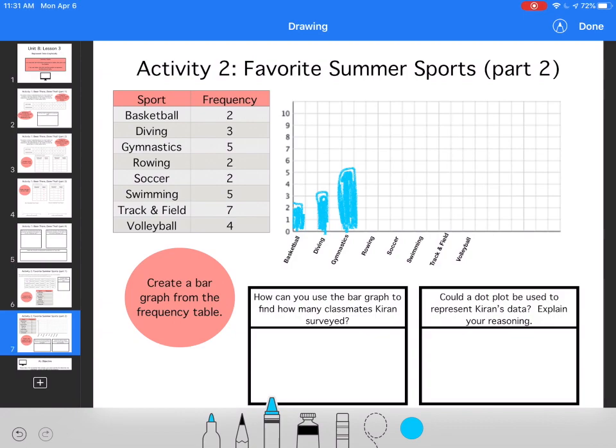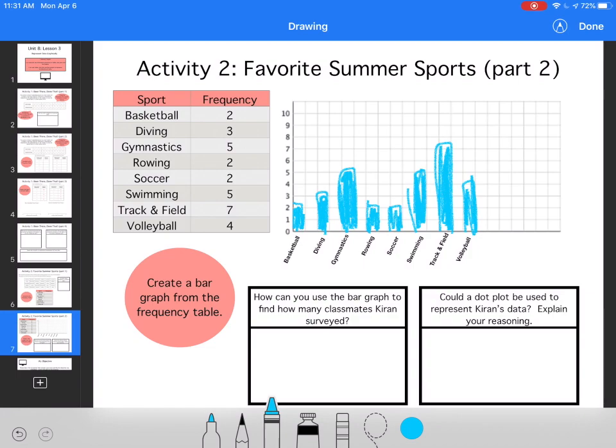Rowing was 2. Soccer is 2. Swimming is 5. Track and field is 7. And volleyball is 4.